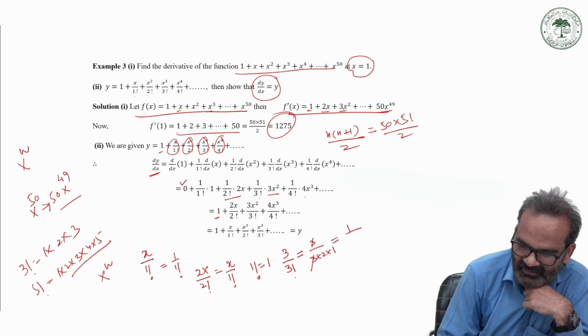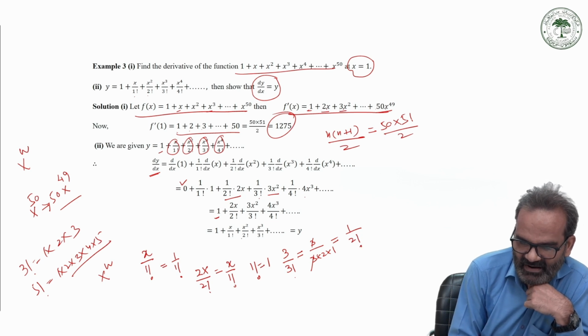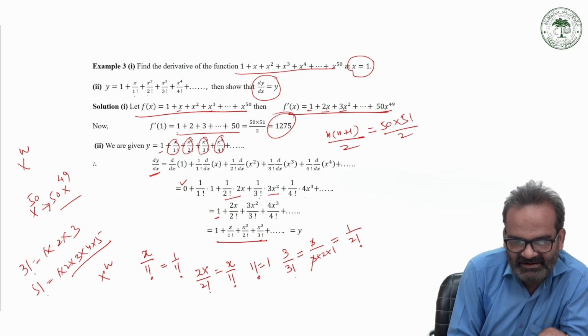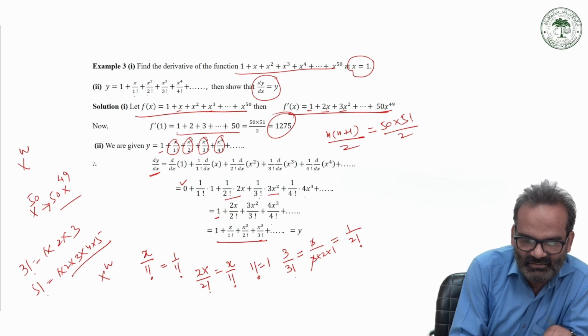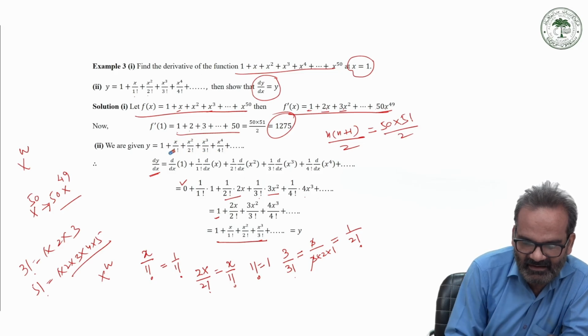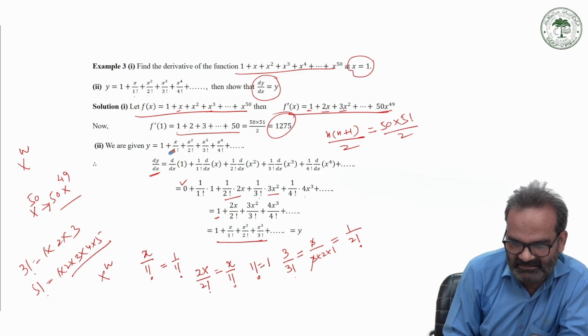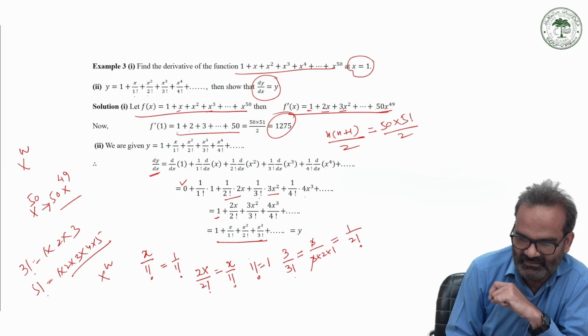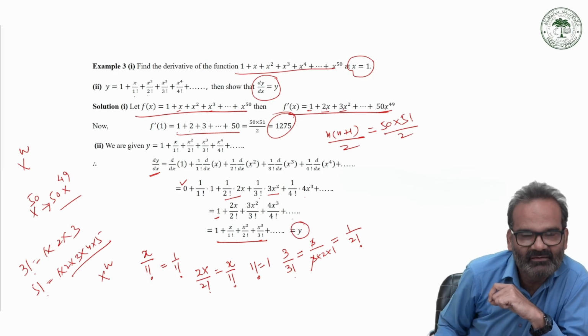What is left is 1 upon 1 into 2, which is factorial 2. So we are left with x square upon factorial 2. Similarly, here we will get x cube upon factorial 3. So see, this is the same: 1 plus x upon factorial 1 plus x square upon factorial 2 plus x cube upon factorial 3 plus x4 upon factorial 4, and this is equal to y.